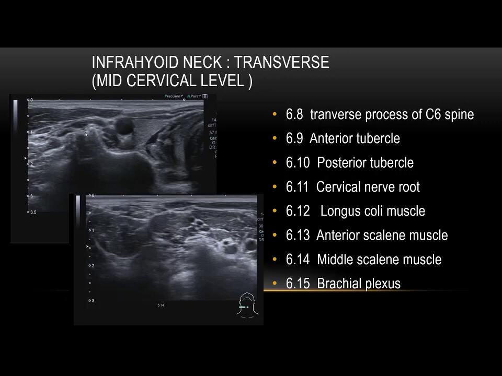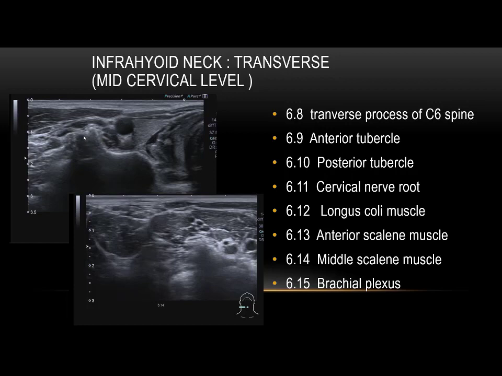So between the anterior and posterior tubercle of the cervical spine, there are nerve roots coming out, and from the level of C5 to T1, the cervical nerve roots collect and form the brachial plexus, the nerve that supplies the arm.